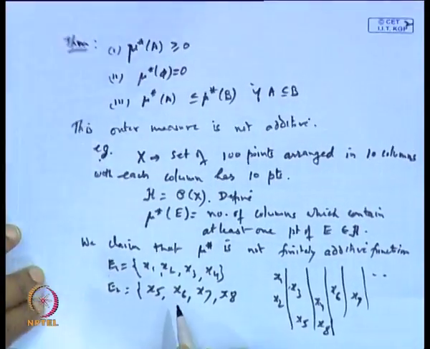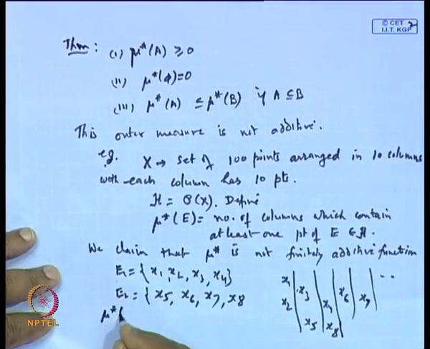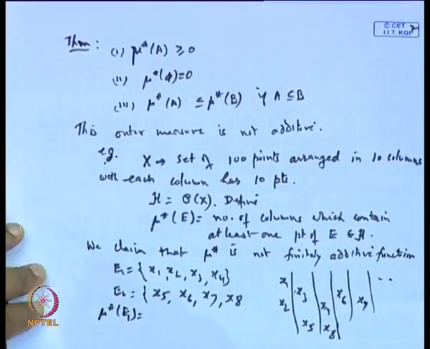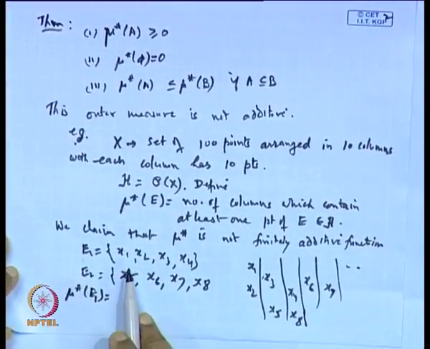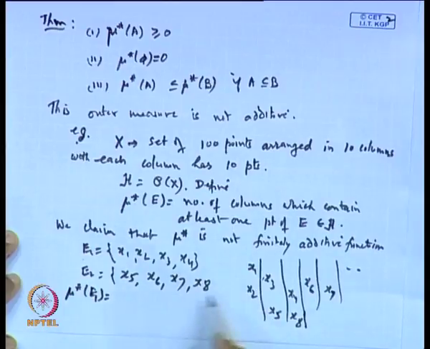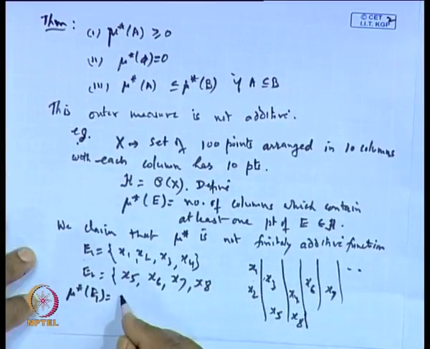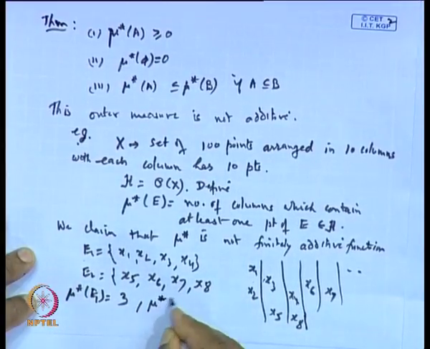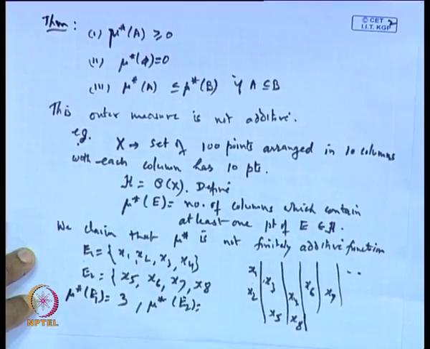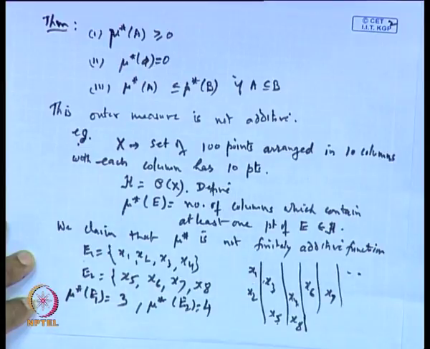Now, if we take the mu star of E1, then mu star of E1 basically occupies 3 columns, 1, 2 and 3, because x1, x2, x3, x4 lie in 3 columns. So, this is 3. For mu star of E2, the elements x5, x6, x7 lie between 1, 2, 3, 4. So, 4 columns are required to cover this.